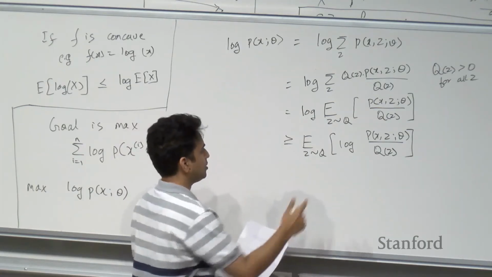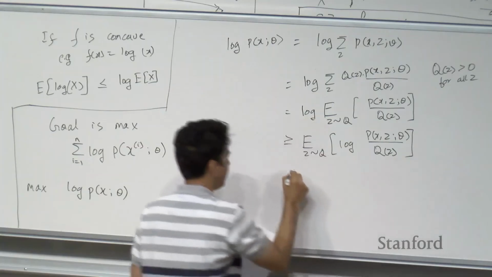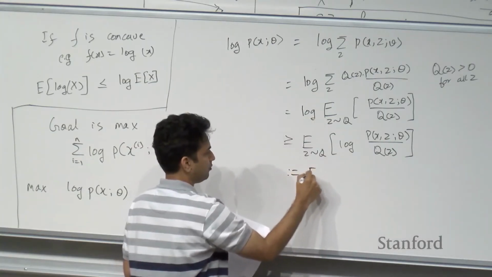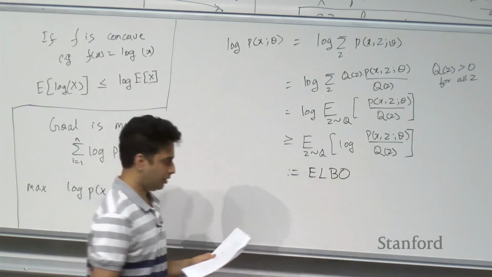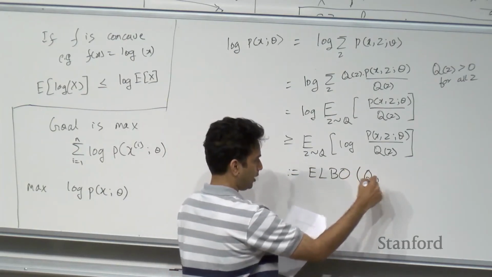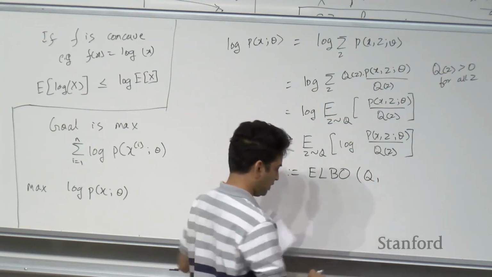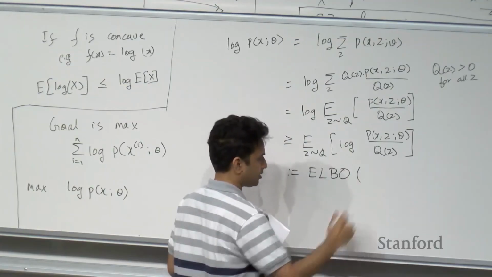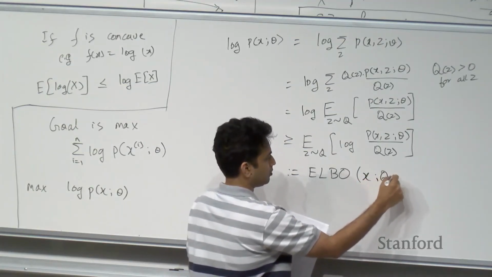And what we see here, we will give it a name. We'll call it ELBO, evidence lower bound. So it's the ELBO of x, q, theta.